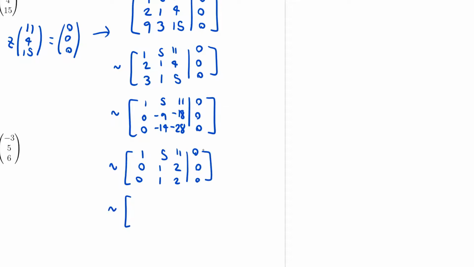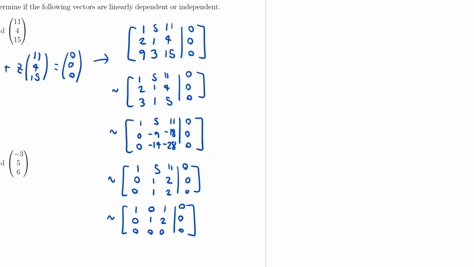Now I'm going to subtract 5 times row 2 from row 1 and subtract just the row 2 from row 3. And I'm going to get 1, 0, 1, and then 0, 1, 2, and then 0, 0, 0 here. And my right hand side would just be 0. Notice how, because my right hand side starts off being 0, no matter what I do, it will just remain all 0.